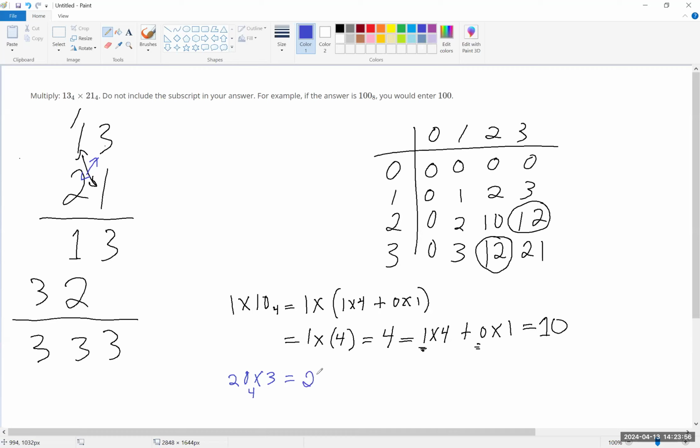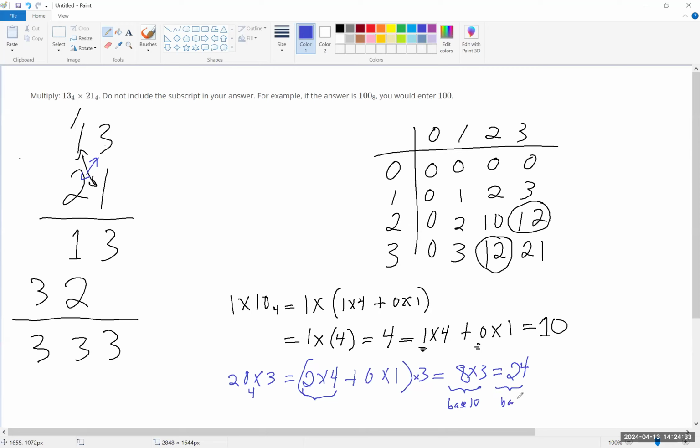So that would be 2 times 4 plus 0 times 1, times 3. Now that would be 8 things in base 10 times 3 things, or 8 by 3. That's 24 things, so we kind of move over to base 10 over here.